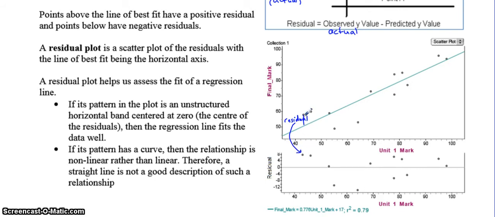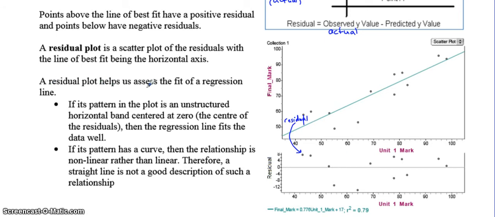It's about 8. You can see here, the residual is about 8. That means the difference between that point and the line is about 8. So all you're really doing is taking the line of best fit, making it horizontal, and then looking at the difference between the point and the line. So this point is here, this point is here, this point is here, etc.